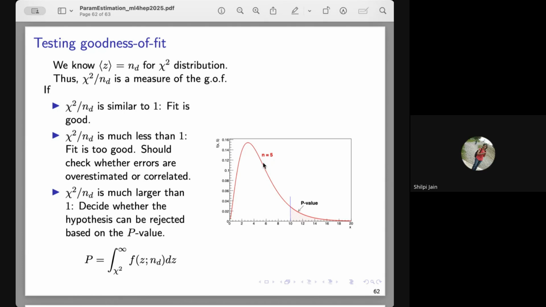There is a question I did not understand: is chi-square by NDF equal to 1 considered to be a good fit? Okay, the chi-square distribution we discussed earlier. Let me stop this slide and open the other one, because I could have kept the function here.